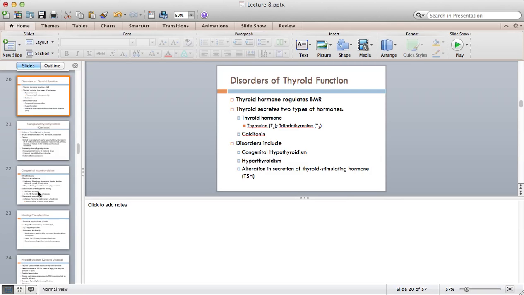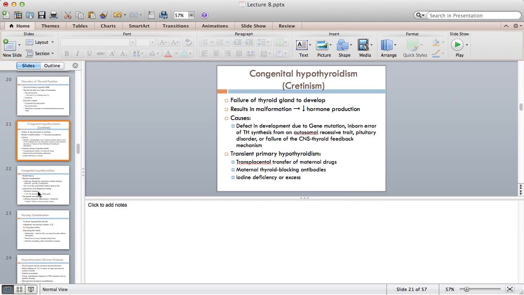So when there is low thyroid hormone, one cause could be inborn, where the child is born with that low level of thyroid hormone, and that's referred to as congenital hypothyroidism. This is basically a problem that results during development.